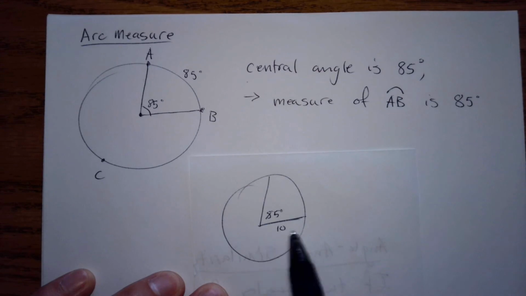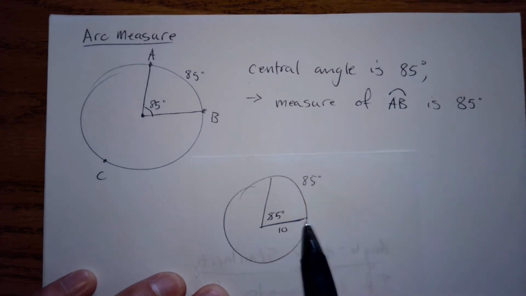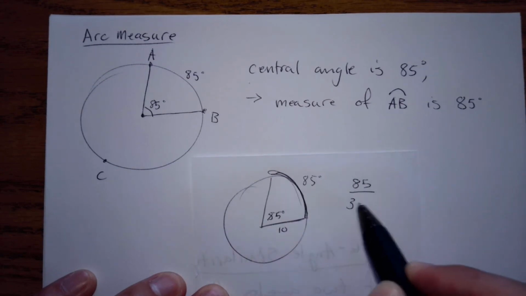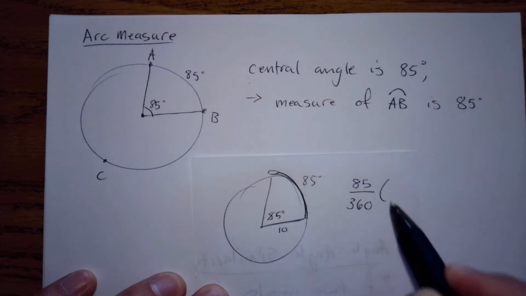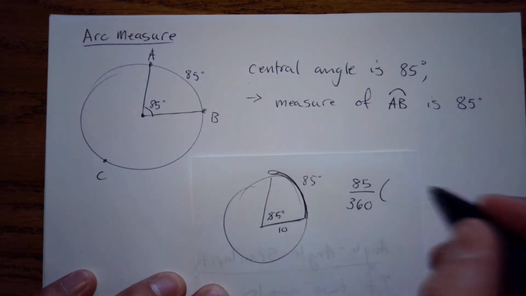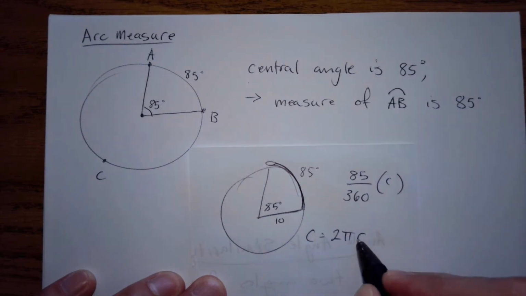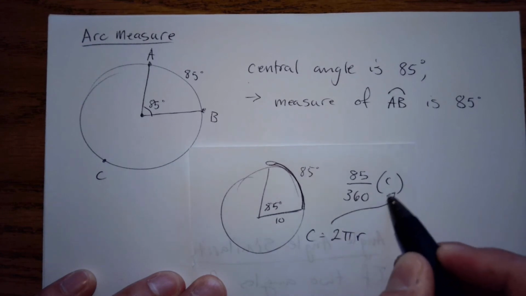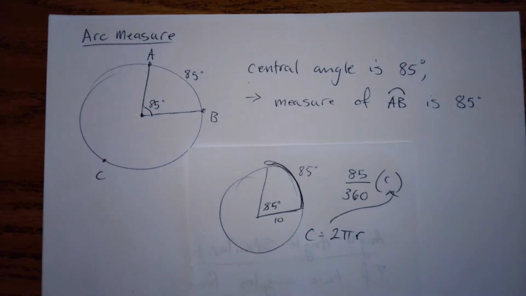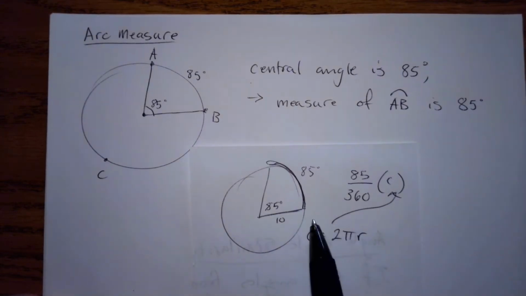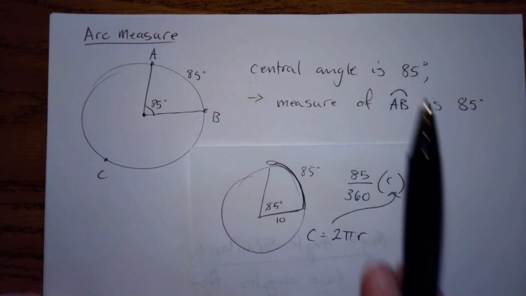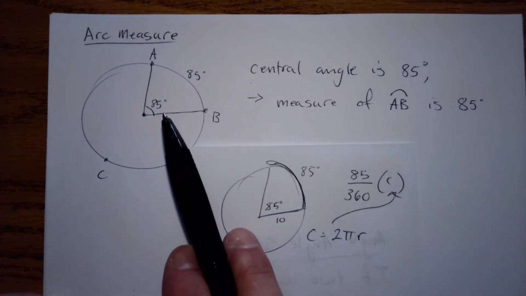Here, if this is 85 degrees, well, then this is 85 out of 360 times whatever the circumference is. We're not going to be dealing with that today. But if we have the radius, we can calculate the circumference by doing 2 pi r. We mentioned that yesterday. So this would be arc length. You don't have to write that. We're looking at arc measure, which is just in degrees, and it's based on the central angle.